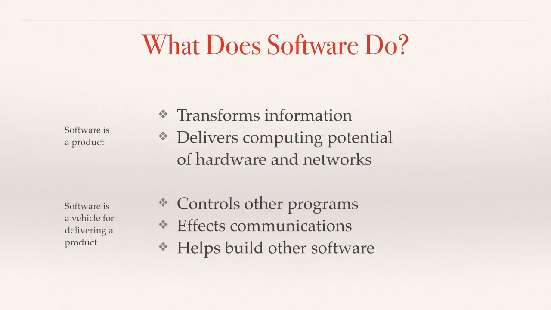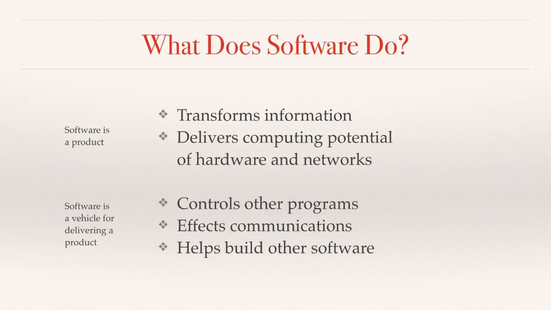One of the things that Pressman emphasizes regarding the nature of software is that it has a dual role. It serves two different purposes. The first is its role as a product, as applications on computers and mobile devices, and as programs that control hardware and networks and embedded systems.